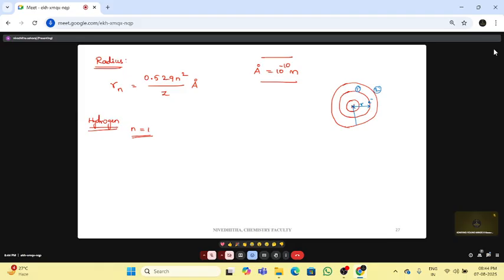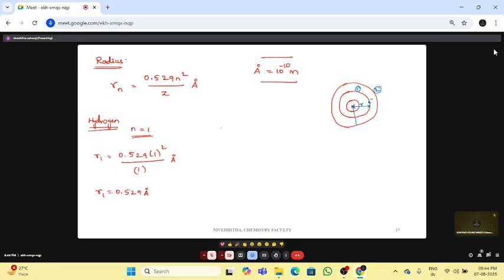So what is the radius, Kana? R1 is equal to 0.529. Value of n is 1, so it is 1 square divided by the atomic number of hydrogen, which is 1, angstrom. So R1 is equal to 0.529 angstrom. Unit is important.